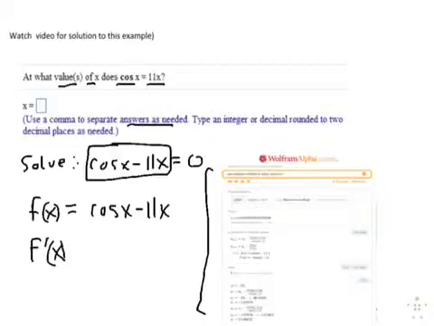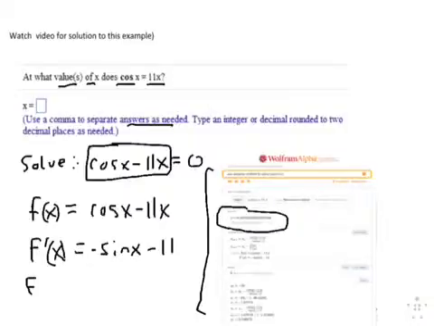Then f prime of x would be equal to negative sine x minus 11, and then we could use an initial guess. Boy, we could use an initial guess of lots of things, really. Negative 50, negative pi. Now, what the computer does is use an initial guess of -50.